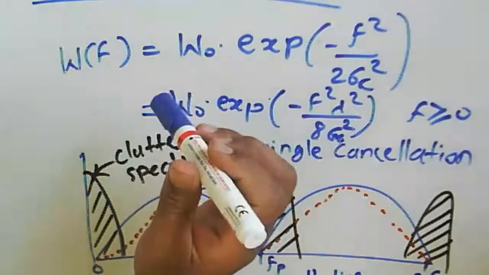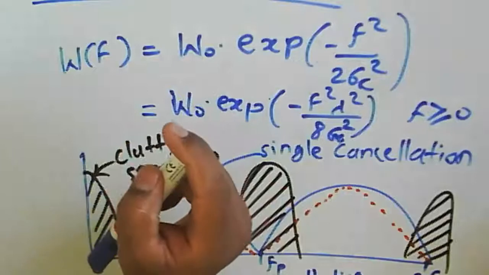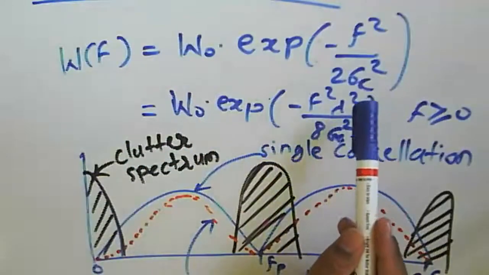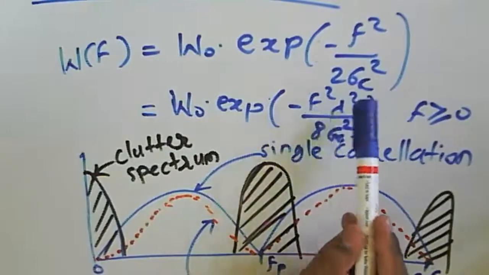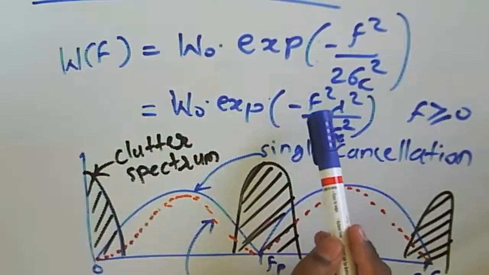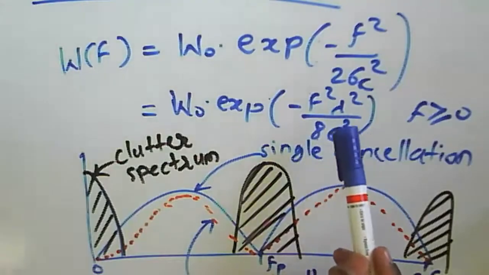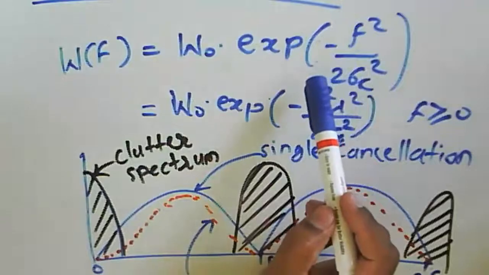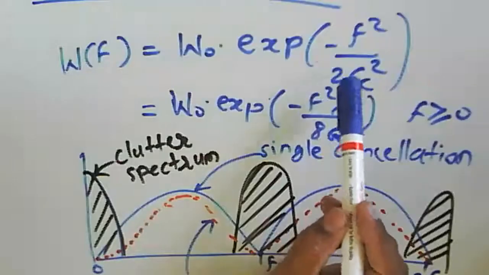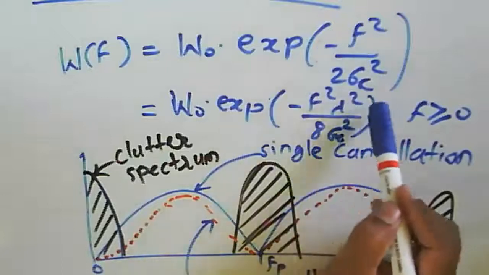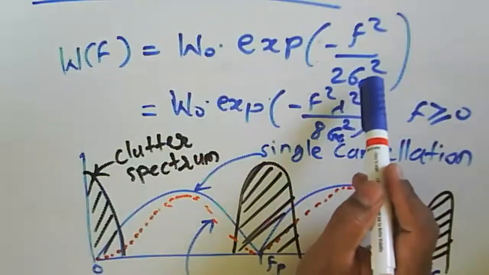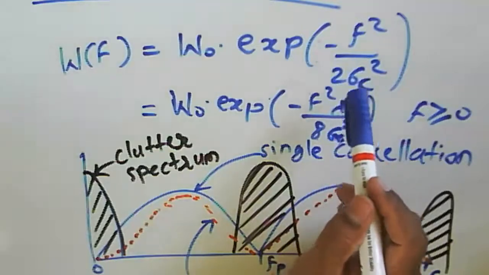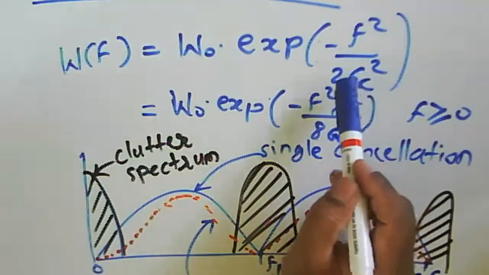To remove that, we can consider what the standard deviation will be with respect to frequency. If the standard deviation value is greater, then sigma c will be greater.